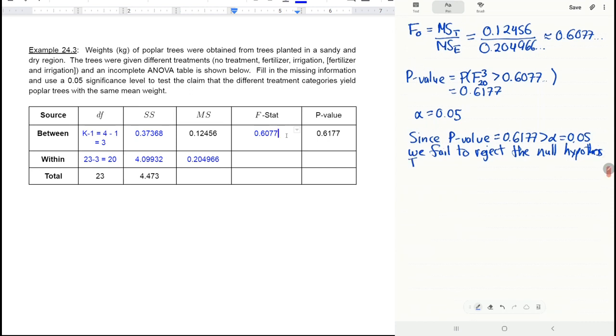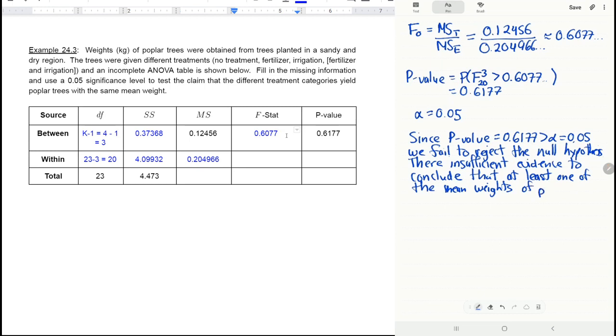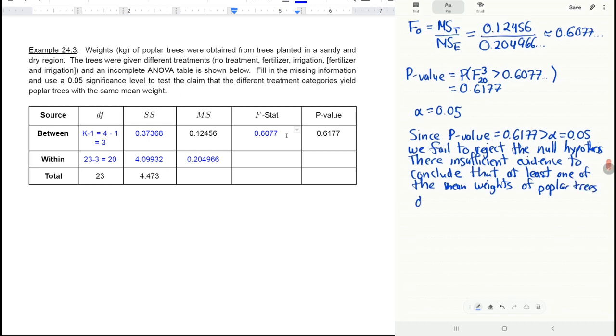Okay, so there is insufficient evidence to conclude that at least one of the mean weights of poplar trees differs from the group.